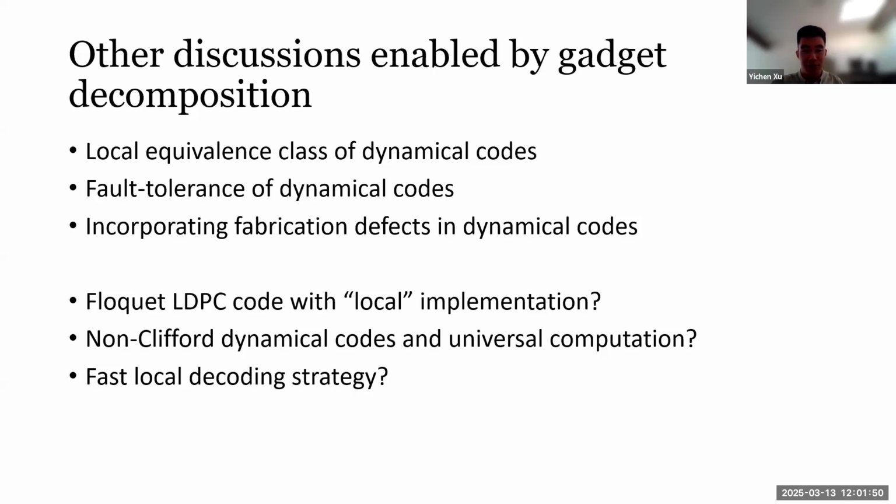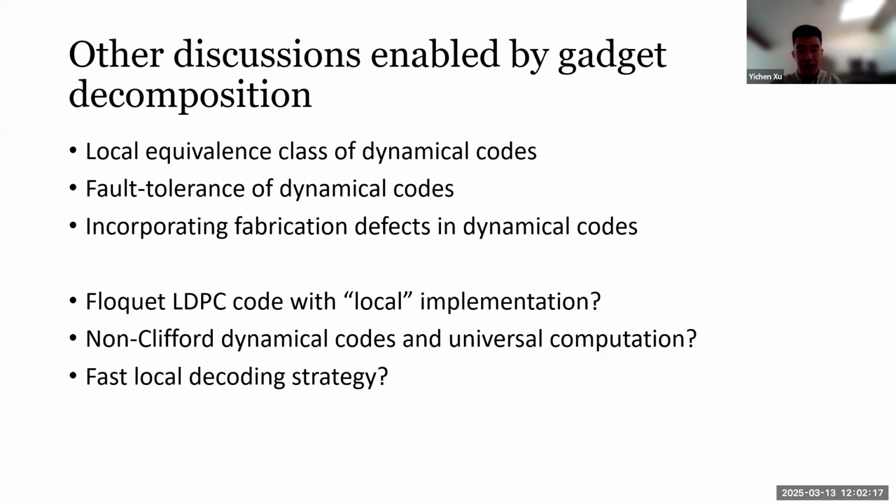For example, from the gadget decomposition, we can understand the local equivalence classes of dynamical codes, which means that some dynamical codes look very different, but they're actually the same from the ZX diagram or spacetime circuit perspective. We can also understand fault tolerance of dynamical codes from gadget decomposition, as I think Charles and Arpit would mention, like the code distance argument.